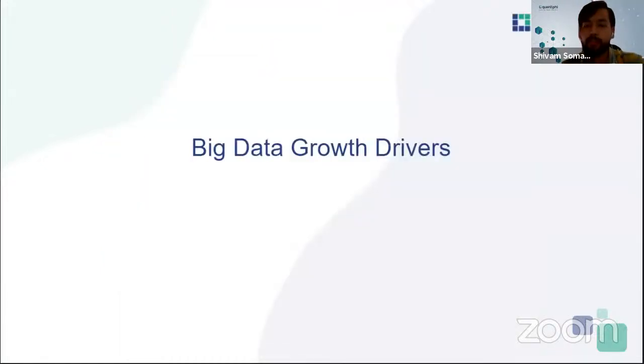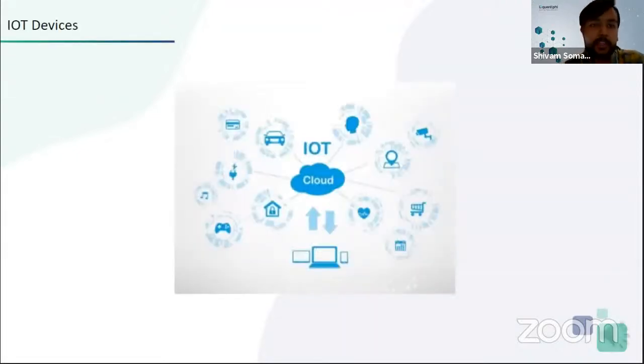So what are the driving factors that led to it getting a new name like big data? Currently we have IoT devices. I'll give you an example. There are autonomous cars that are being created and built.